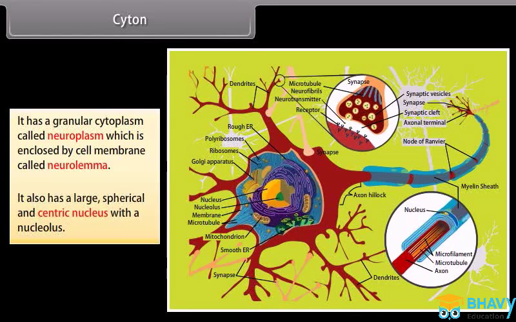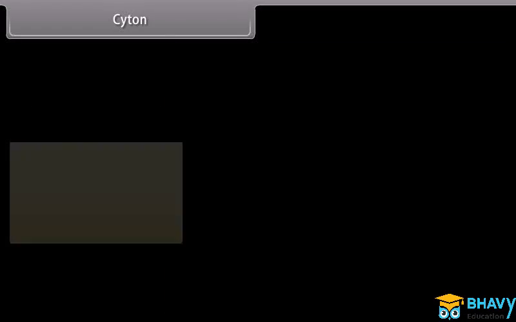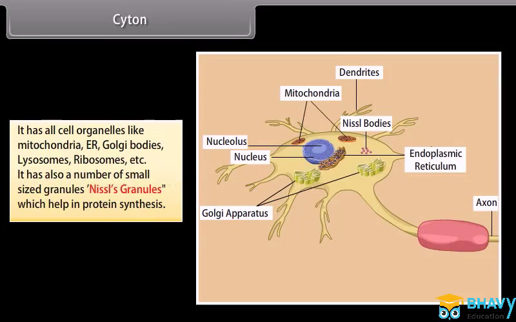It also has a large, spherical and centric nucleus with a nucleolus. It has all cell organelles like mitochondria, Golgi bodies, lysosomes, ribosomes, etc. It also has a number of small-sized granules, Nissl's granules, which help in protein synthesis.